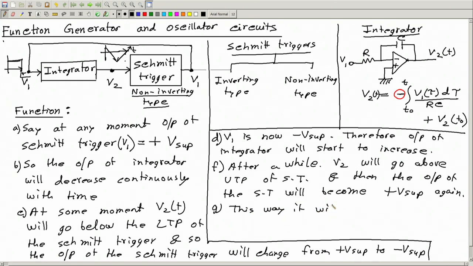Now if we look at the voltage V1 at this point, it is going periodically between plus V supply and minus V supply. So this will be a periodic square wave.